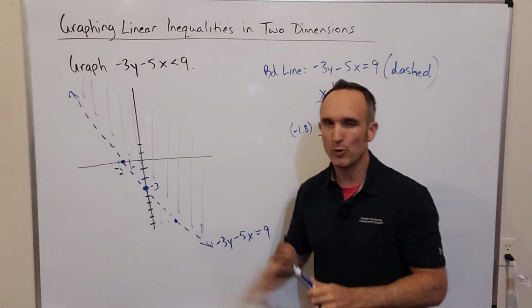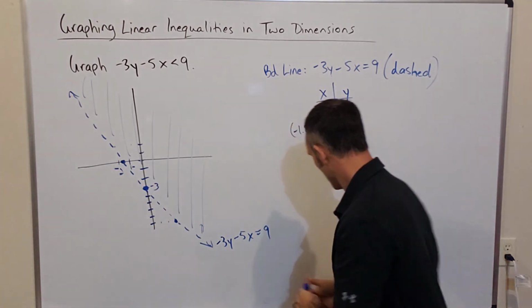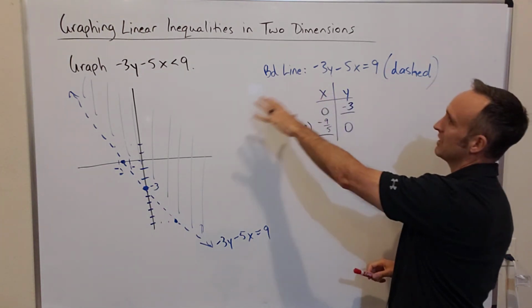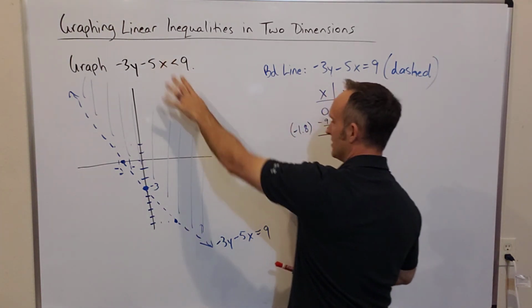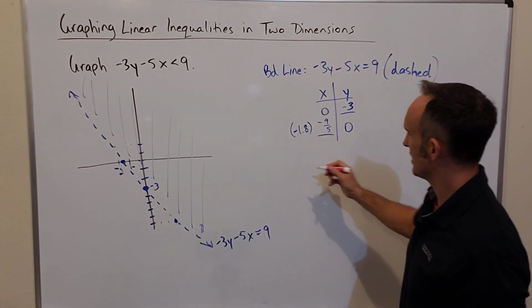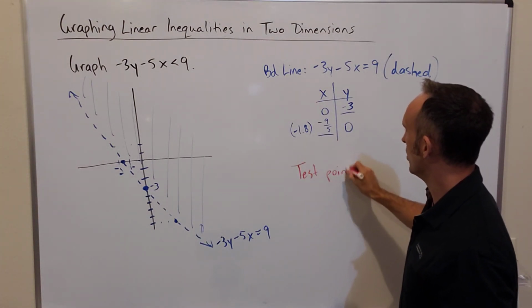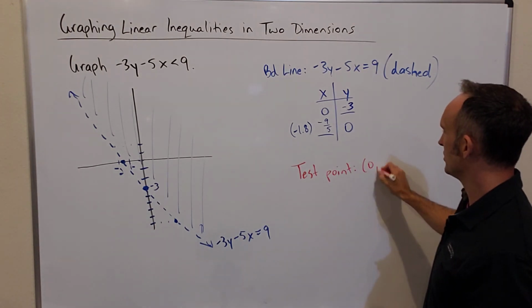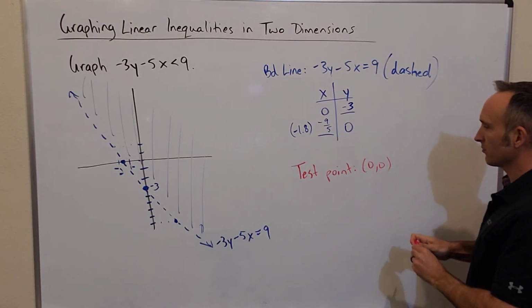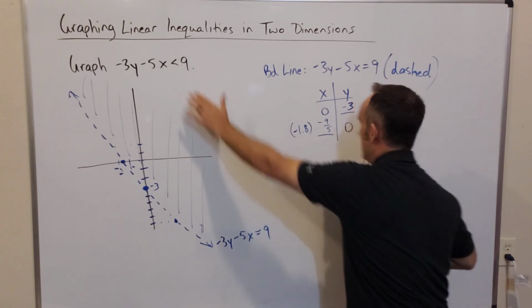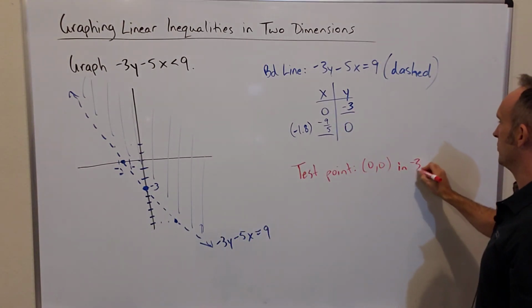And then how do we test where to shade? Well, we can't look at this and say y is greater than or y is less than to decide. We have to use the test point. Again, use any ordered pair you want. I'm going to go for trusty old 0, 0. And I'm going to test it in this inequality that we started with.